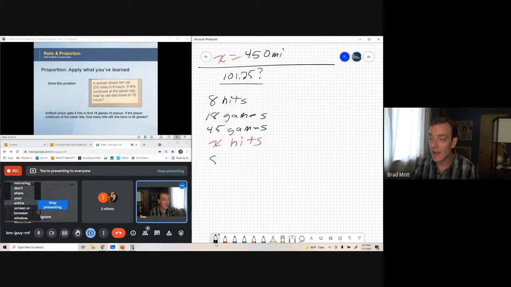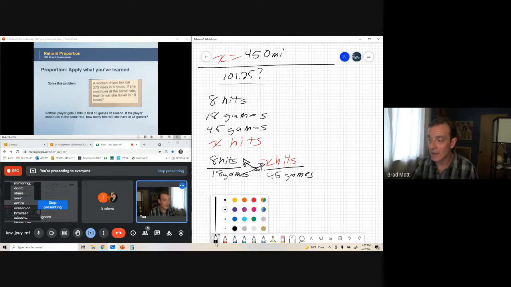So we have 8 hits in 18 games. So we have X hits in 45 games, right? Hits across from hits, games across from games. Now let's cross multiply. 45 times 8 and 18 times X. 18 times X is 18X.